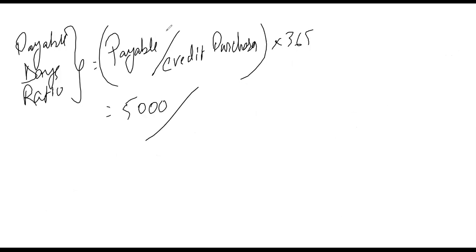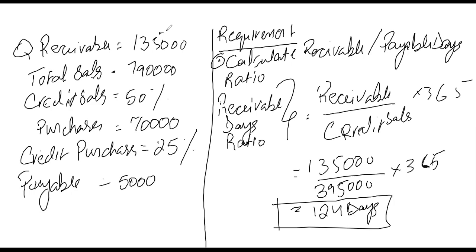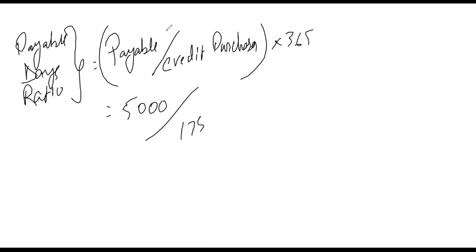Credit purchases is 25% of the purchases. So if my purchases amount is 70,000 and they say 25%, that is 17,500. 5 divided by 17.5 multiplied by 365, 104 days.